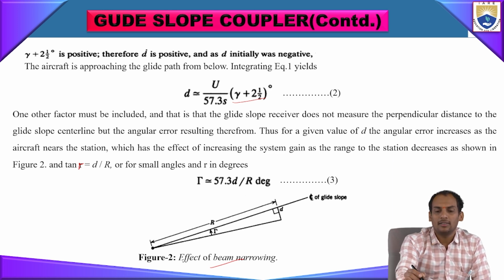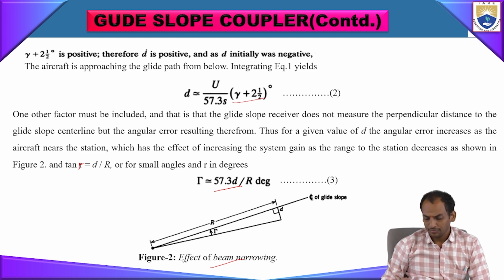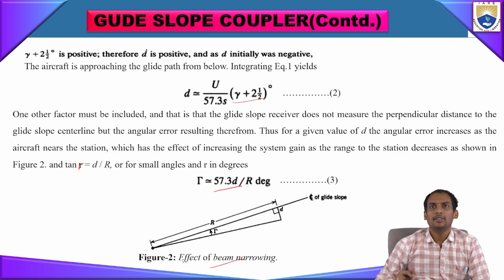So the tau value has been given here, that is 57.3 d by r degrees. So that is through the equations, that means the previous equation 2 and 3. So this is equation 2 and equation 3.